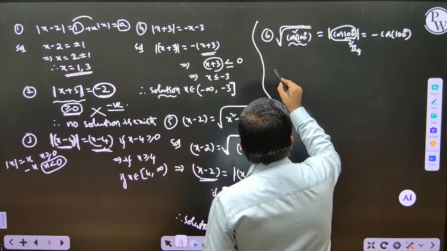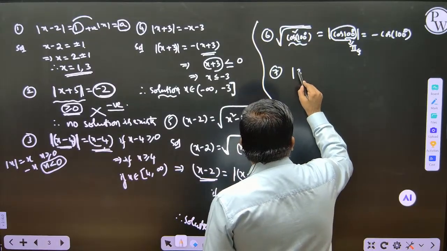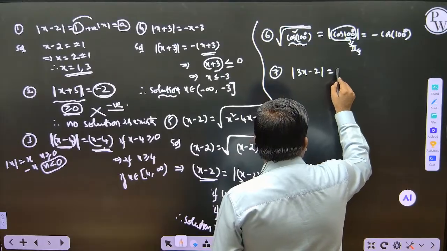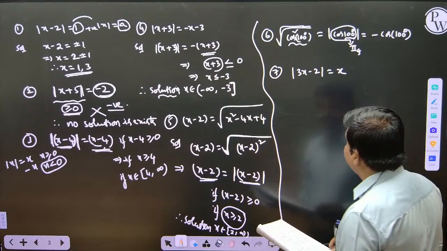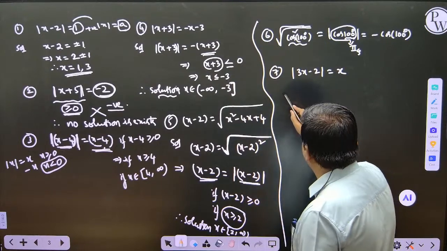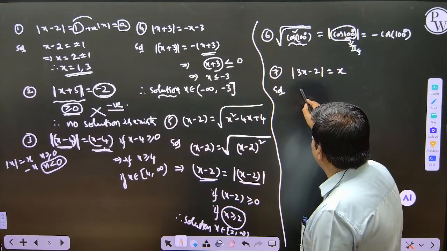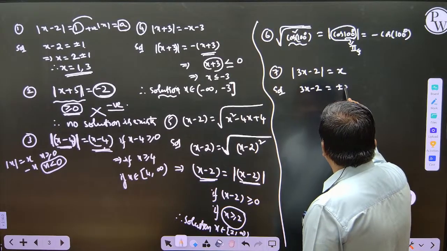Next, see question number 7. Modulus of 3x minus 2 is equal to x. So now what we have to do here is eliminate the modulus: 3x minus 2 is equal to plus or minus x.